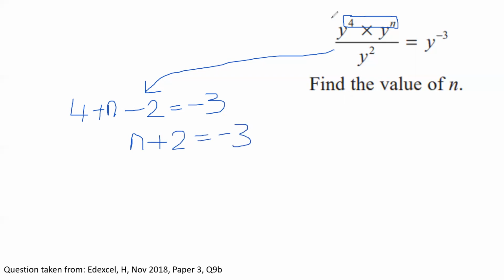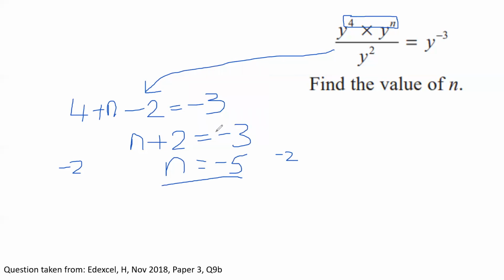As I said, we're just completely ignoring the y's because they're not really relevant in this question. So we've ended up with an expression saying n plus 2 equals minus 3. We can then subtract 2 from both sides, and that will give us n equals minus 5.